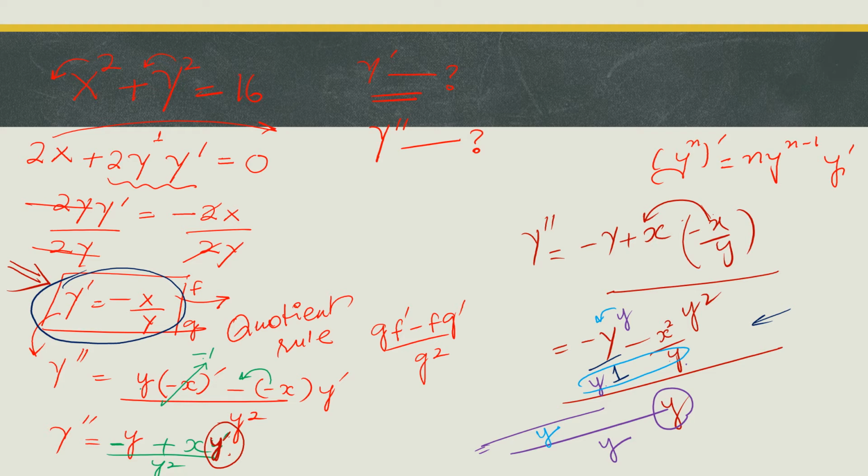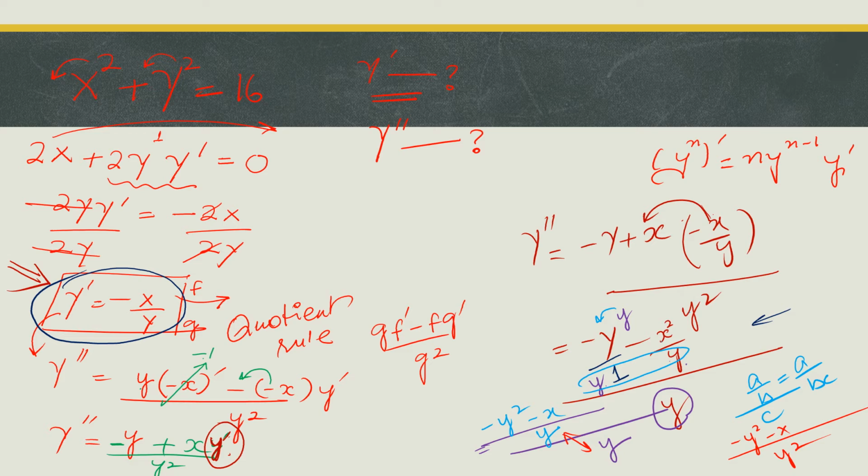Y times negative y gives you negative y square, and negative x square times negative x square. Now you all know that a over b over c is a over bc. So finally you can write it as negative y square minus x square, that is your a, and bc means y and y are multiplying, which is y square.